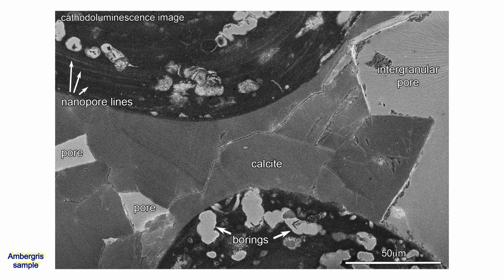These ooid intragranular pores were created in the marine realm and remained practically unchanged while at the Ambergris site. The calcite cement crystals are grey. 2 central crystals show early faint internal growth zones.